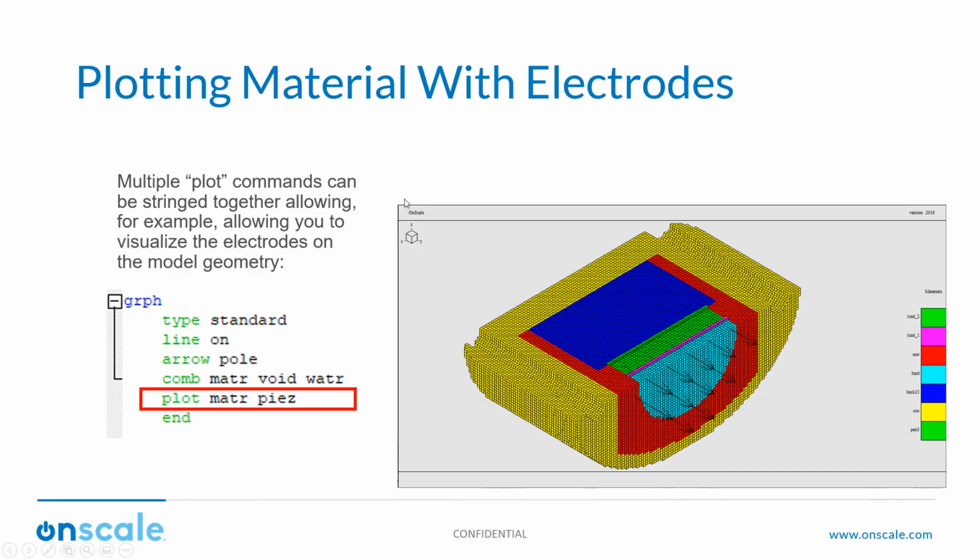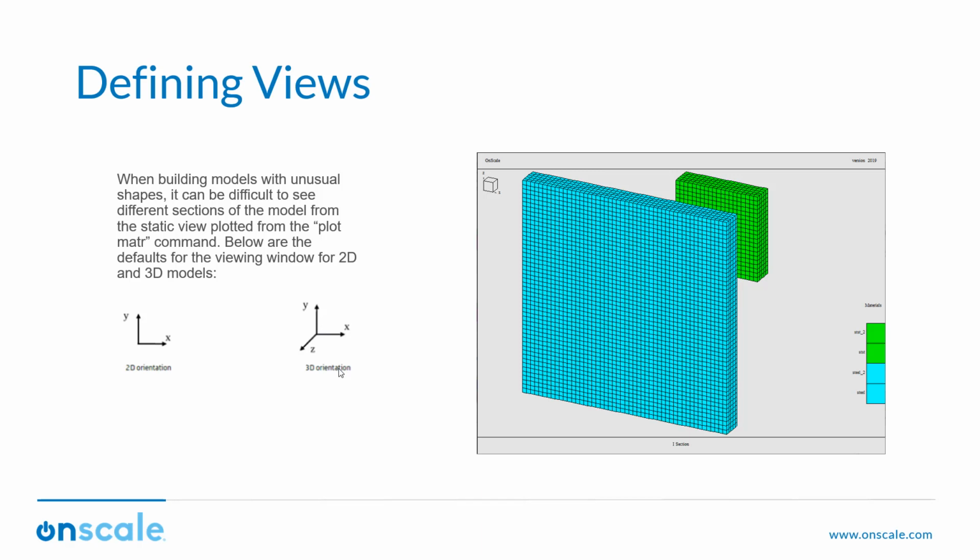What can I do more than that? For some models which maybe have unusual shapes, it can be difficult to see different sections or shapes of the model, because this standard view is kind of rigid. If you use just plot mat, you'll get this view. You don't know what is between those two. Of course you can say, why not come back to the runtime graphics?